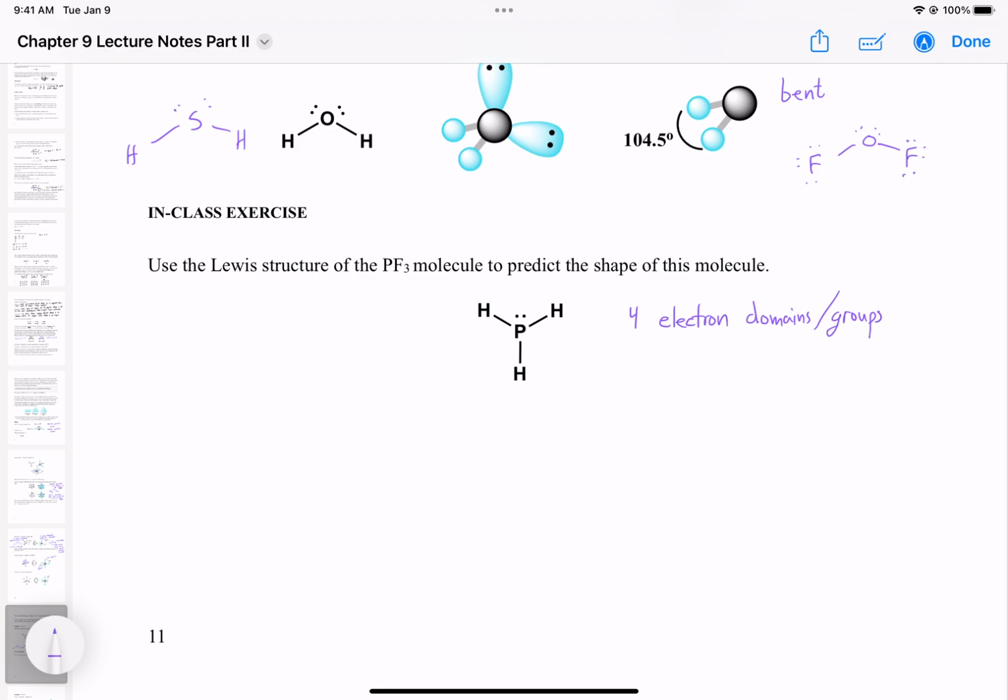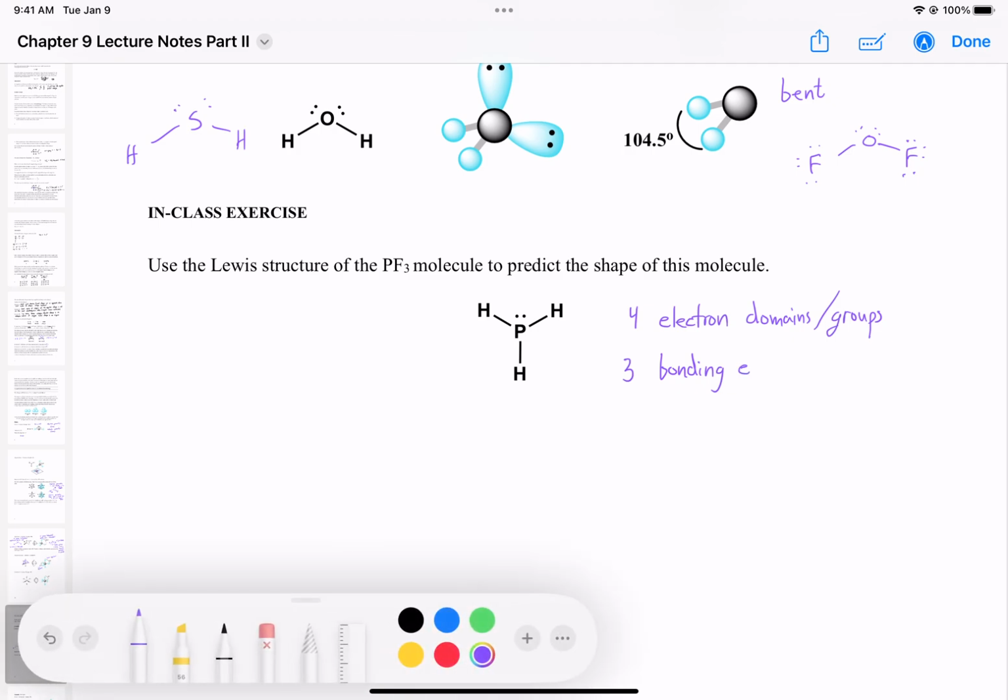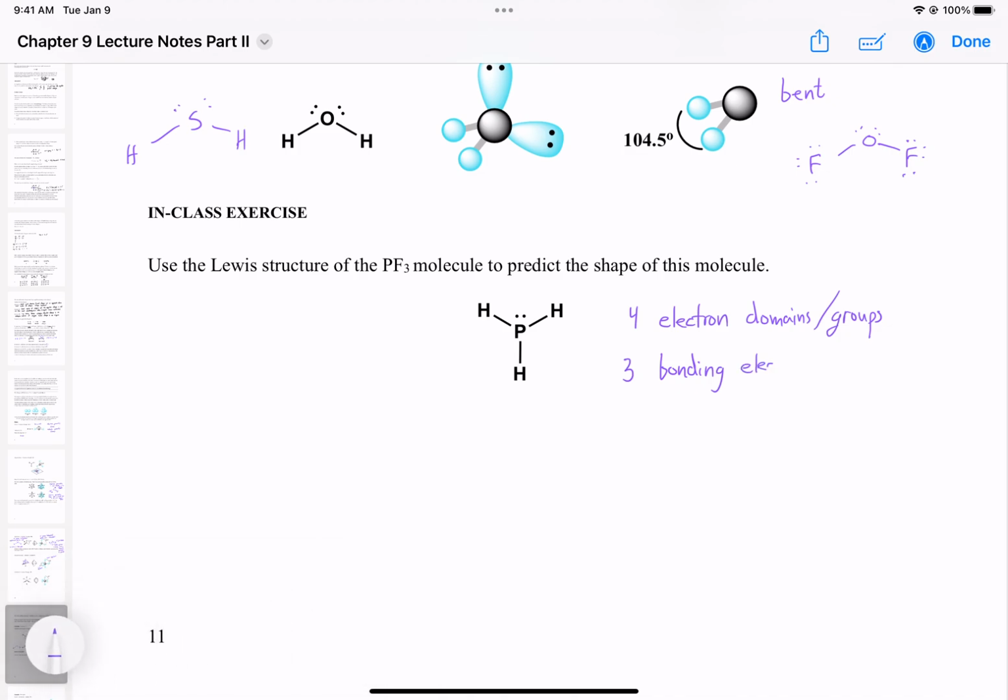We have 3 bonding groups. A single bond counts for 1 group. So we have 3 of them. So that's 3 bonding groups, and we have 1 lone pair, 1 electron group. Okay?